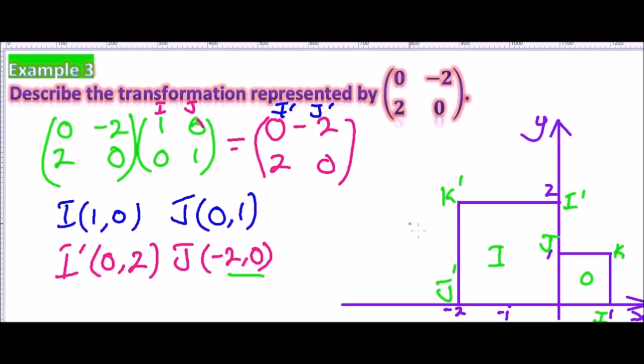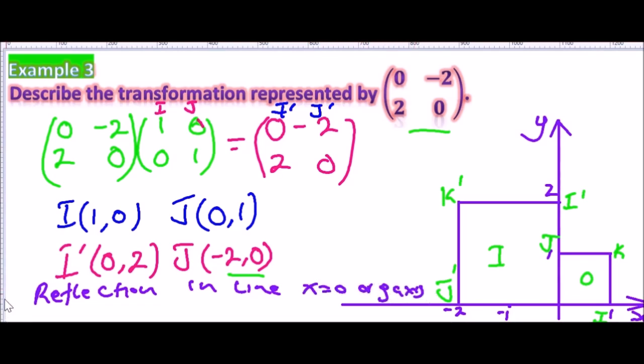So we can conclude that this matrix represents a reflection in the line x is equal to 0, or y-axis, followed by an enlargement, scale factor 2.